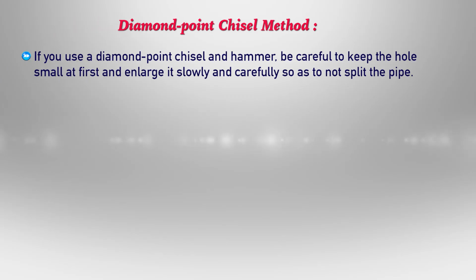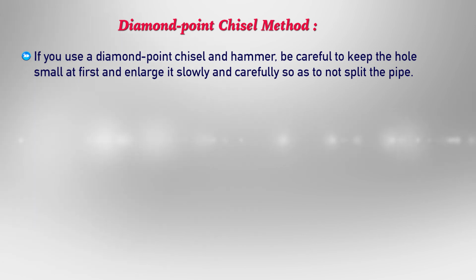So there are different methods which we use here, and the first method is the diamond point chisel method. If you choose a diamond point chisel and hammer, be careful to keep the hole small at first and enlarge it slowly and carefully so as to not split the pipe.